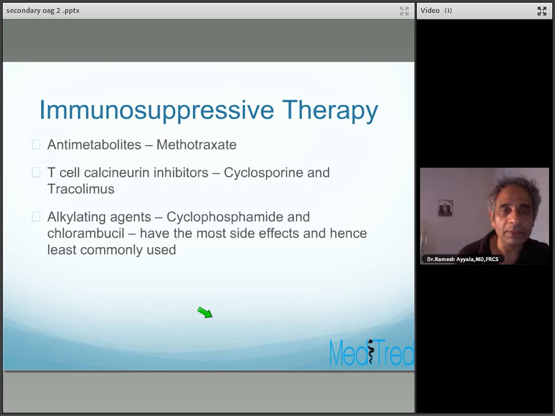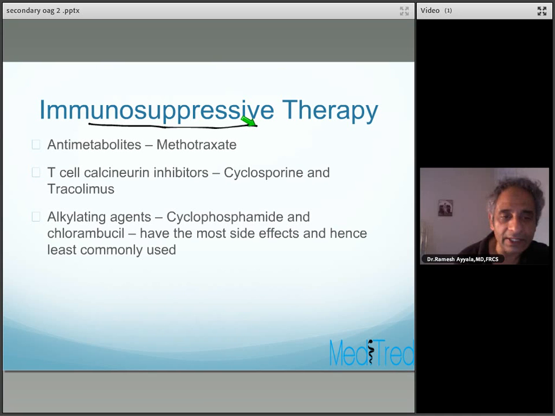So the other treatment modalities from the uveitis control point of view that you should be aware of, at least in theory, especially from your boards' point of view, are the immune suppressive therapies. These include the antimetabolites such as methotrexate, T-cell calcineurin inhibitors such as cyclosporine and tacrolimus, and alkylating agents such as cyclophosphamide.